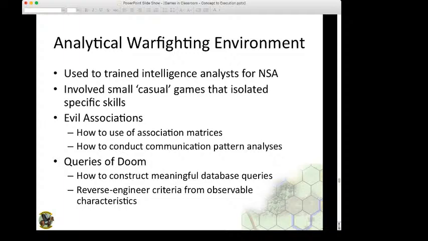But how do I actually use that matrix, and how do I look at analyzing patterns of communication between these people to understand how they're connected? One of these guys might be a taxi driver, another one's a tow truck driver. At some point, they're calling each other on the phone because taxis break down and tow trucks haul them to the shop. So for a taxi driver to call a tow truck driver at 2 o'clock in the morning isn't that weird.